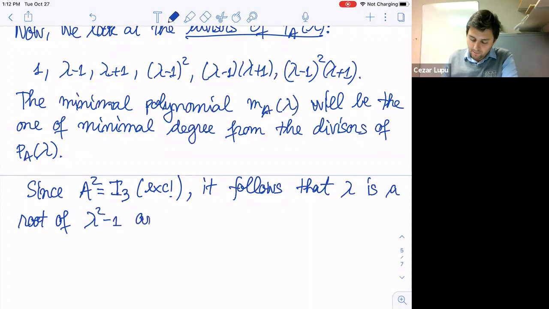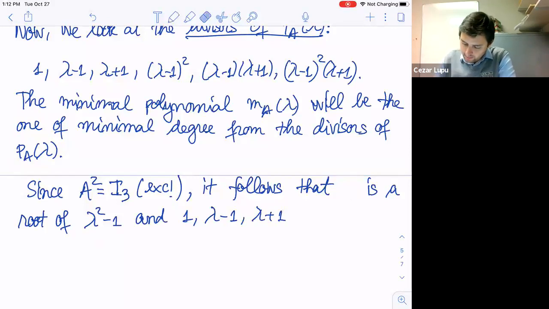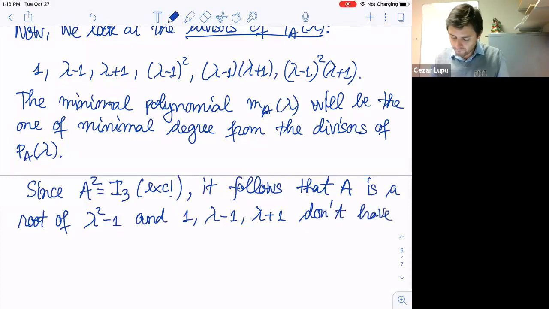And since 1, lambda minus 1, lambda plus 1 do not have A as a root, sorry, here it's A, not lambda, and these do not have A as a root.